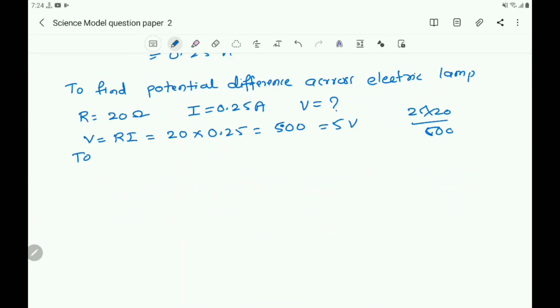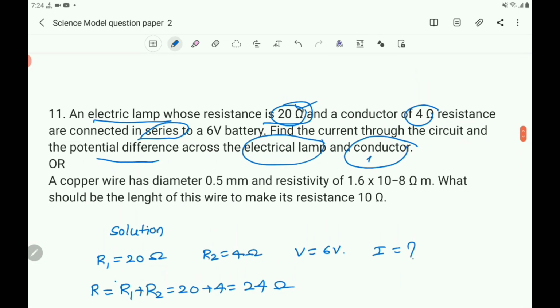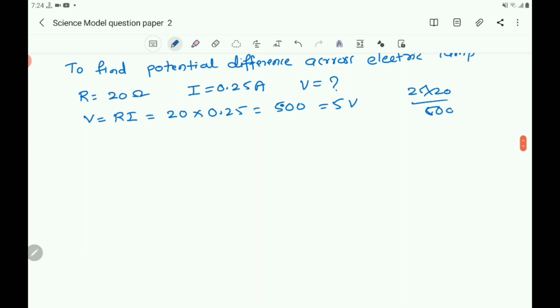Then to find the potential difference across the conductor, now you take the resistance of the conductor, that is 4 ohm.